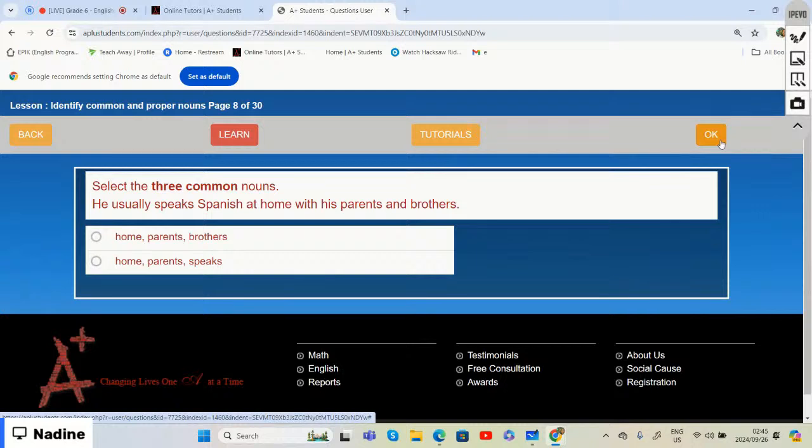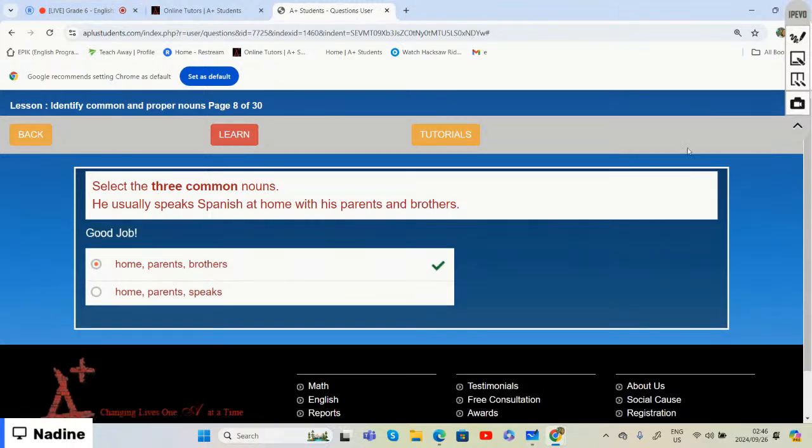All right, if we choose the correct option, then yes, option one is our three common nouns. These are just general types of names, general types of places, right? So well done. Option one is correct.